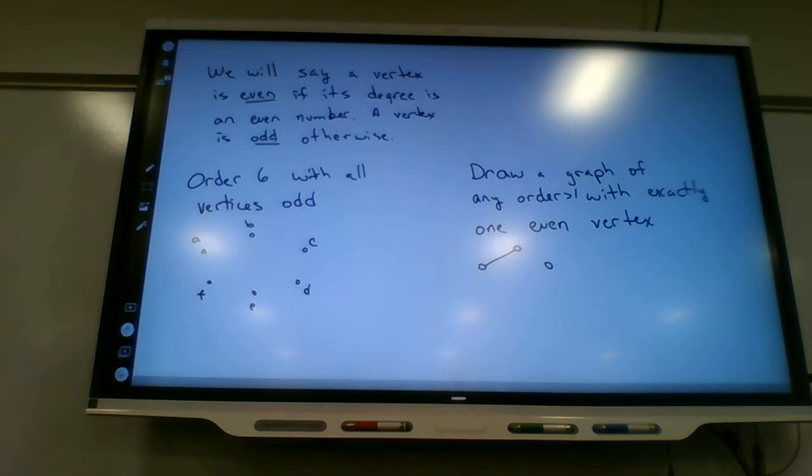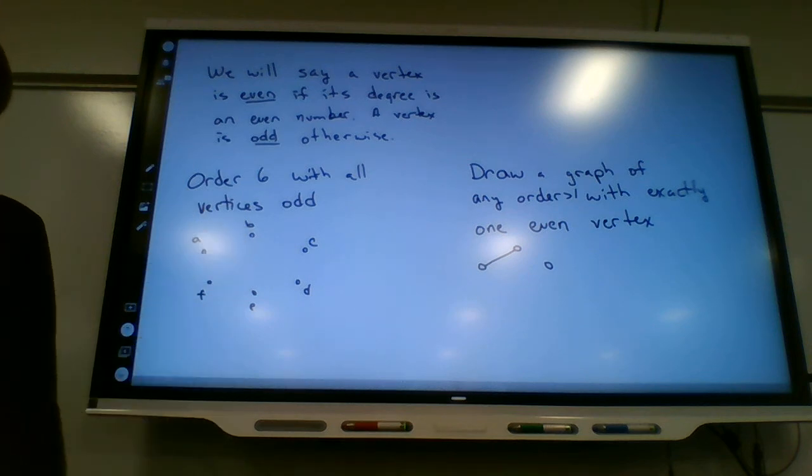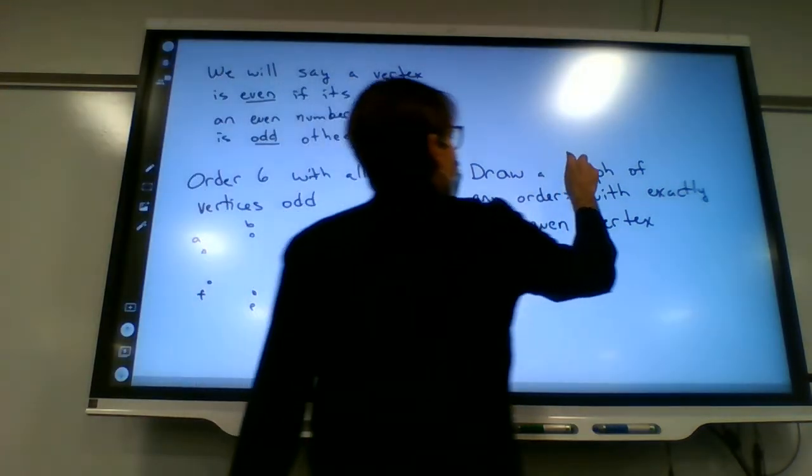Okay. Now what if we said draw a connected graph? So connected means that there's no separate pieces, right? Again, we're not at a formal definition yet, but connected means what you kind of expect. You can get from anywhere to anywhere else, following enough edges, you can get there. So let's make this a connected graph.